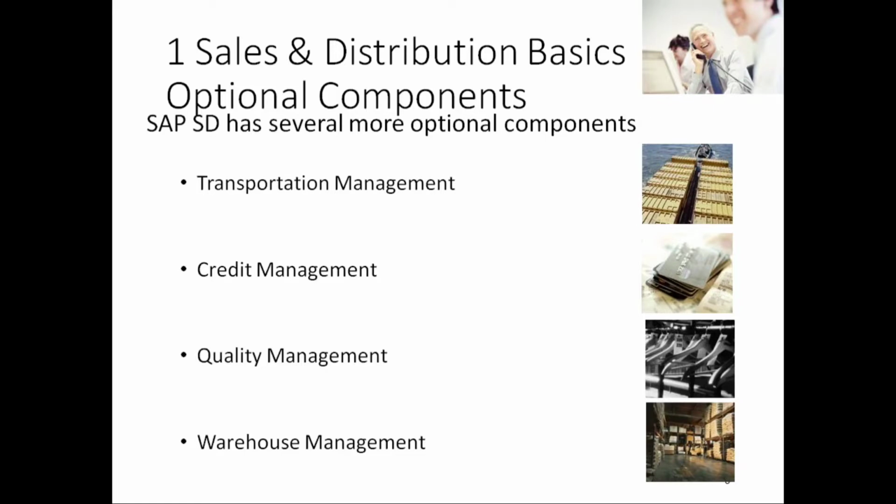Transportation management is another module, which takes care of the transportation process: a better way of transporting the goods to the customer, cost optimization in the transportation process, and how you can club different deliveries together and send them to the customers. That's again a different module that we have.